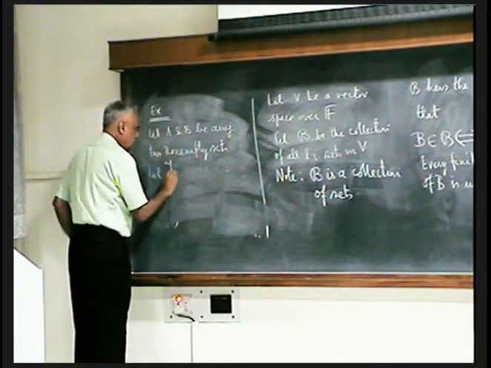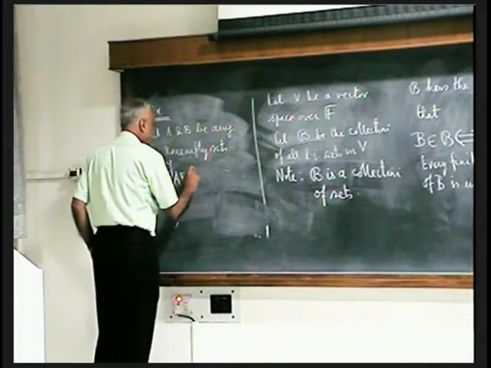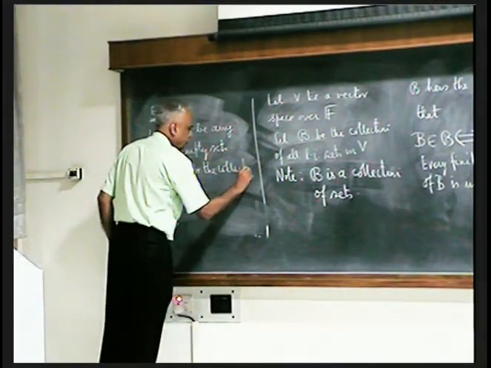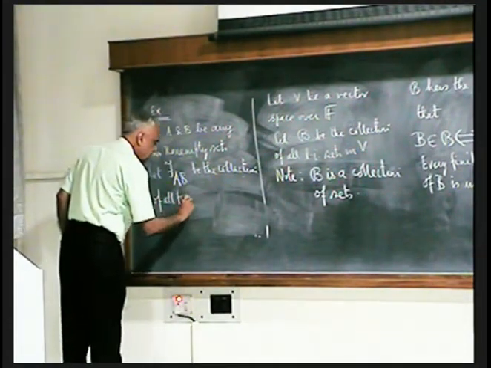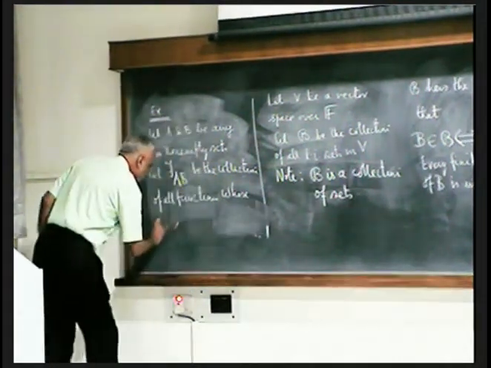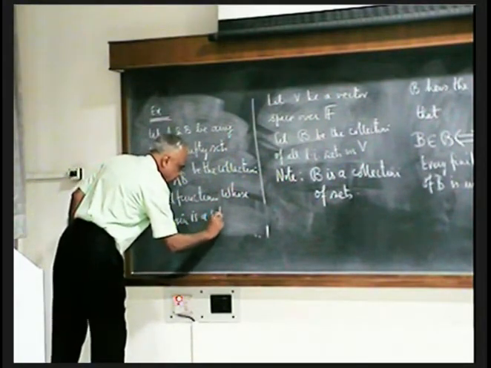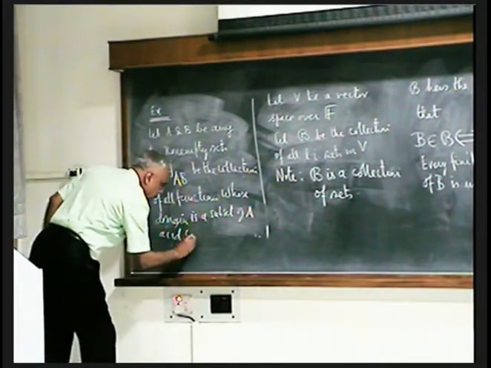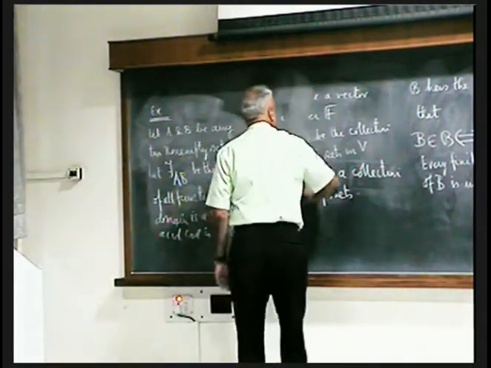Let F_AB denote the collection of all functions whose domain is a subset of A and codomain B.